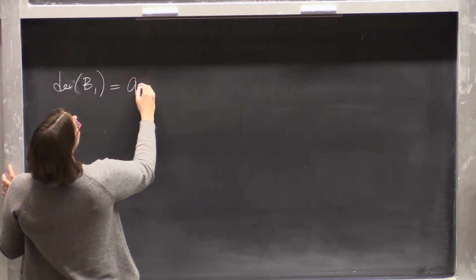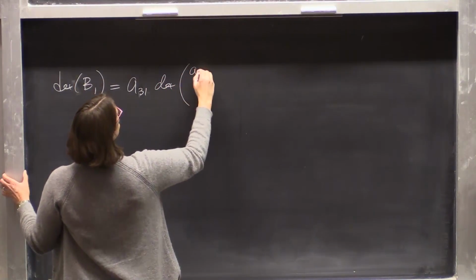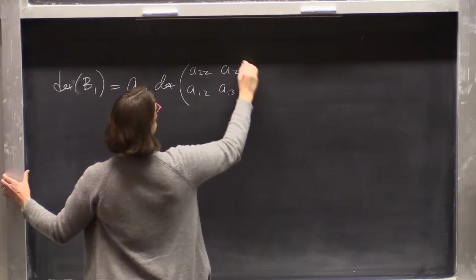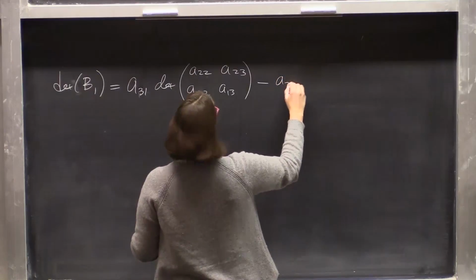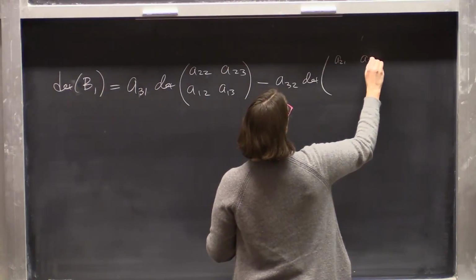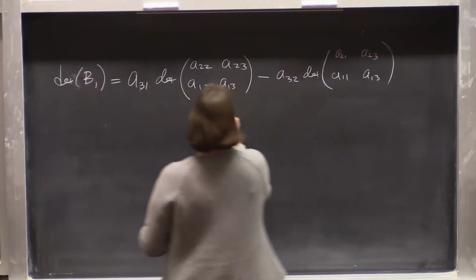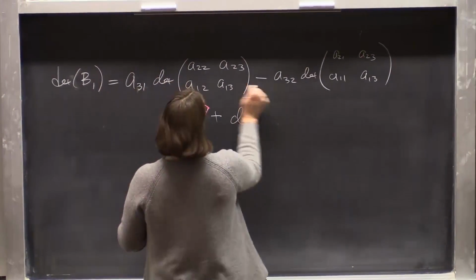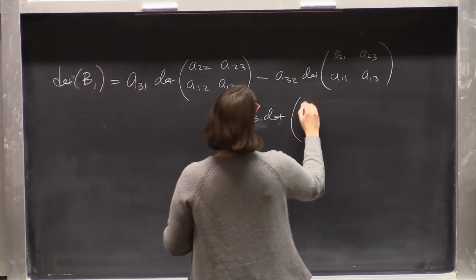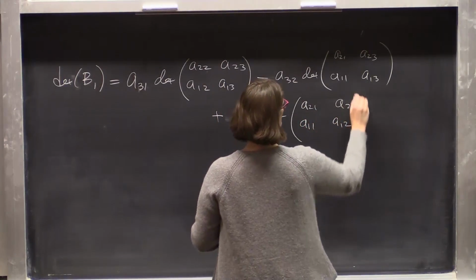So that's A31 times the determinant of A22, A23, A12, A13, minus A32 times the determinant of A21, A23, A11, A13, plus A33 times the determinant of A21, A22, A11, A12.